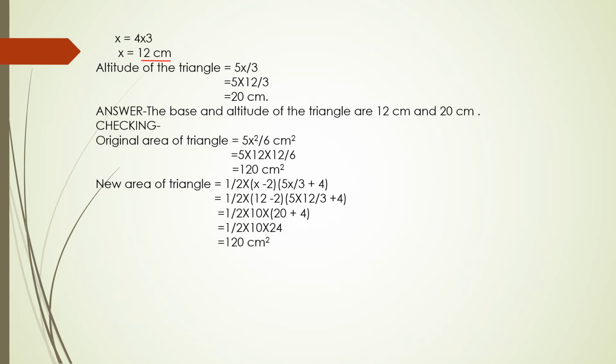Base of the triangle is 12 centimeter. So altitude is 5x by 3. So 5 into 12 by 3, that comes 20 centimeter. So your answer is the base and altitude of the triangle are 12 centimeter and 20 centimeter.